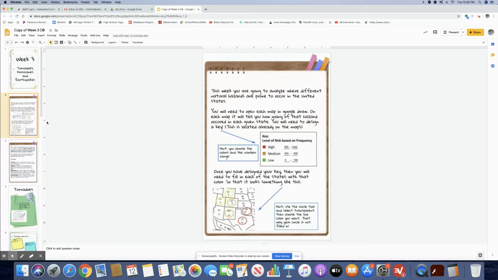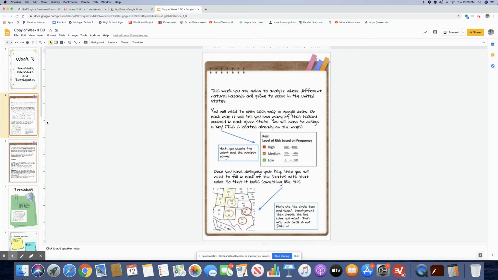So I would go maybe 50 to 80 would be red, and 30 to 50 would be yellow, and then 0 to 30 would be green. Choose something like that.